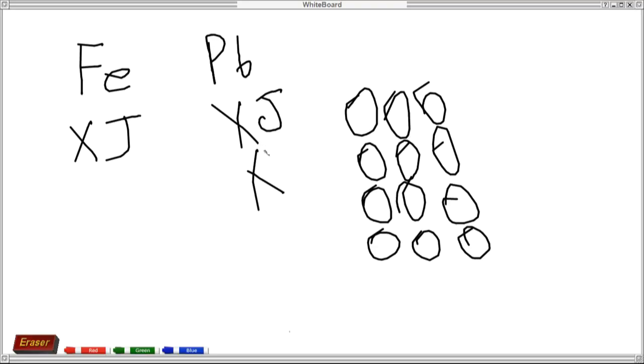The disadvantage of it, of course, is that it has a lower melting point than steel, because usually lead is what they use in solder in electronic circuit boards, or PCBs, printed circuit boards.